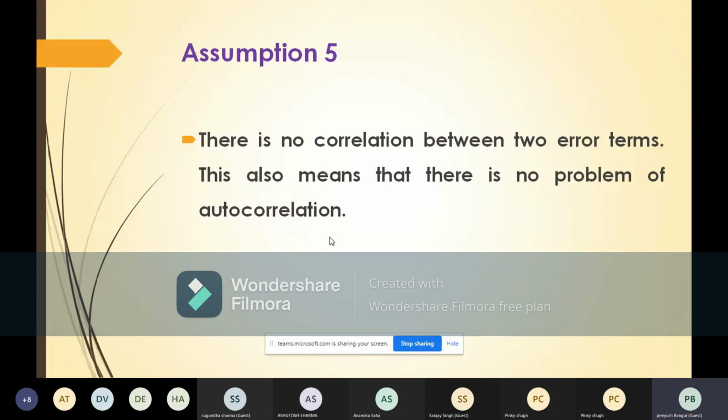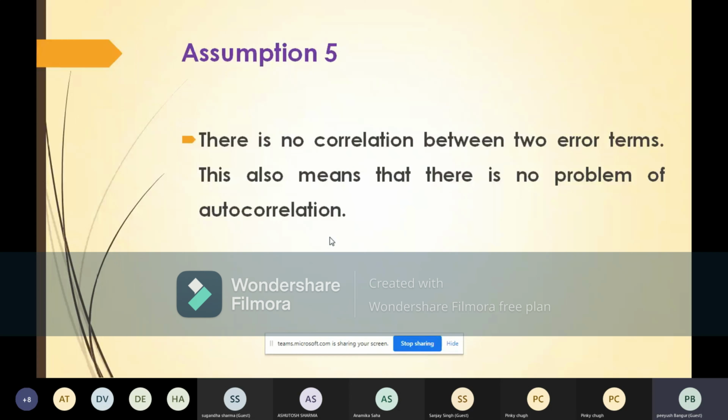See, autocorrelation and correlation are not very different terms. What exactly happens when the series is correlated internally, or the residual of one data point is correlated with the residual of another data point, then this process is known as autocorrelation. So we can say it is a type of correlation, but an internal correlation.